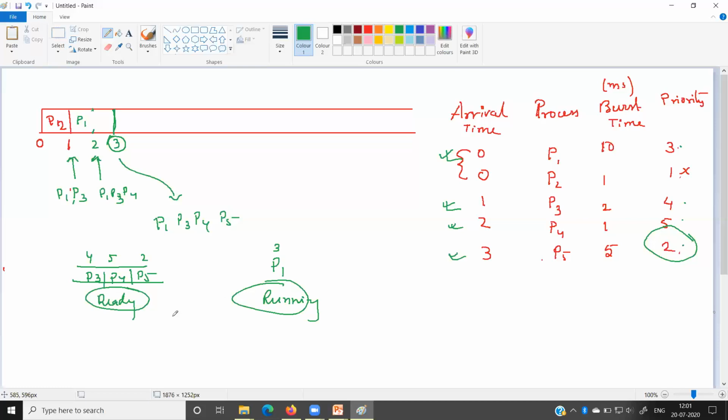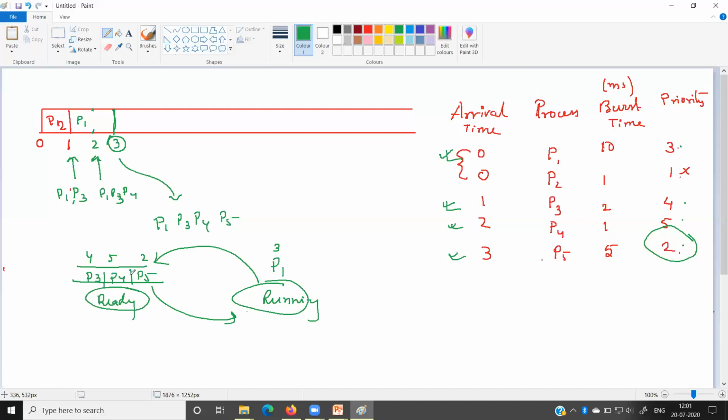At the time instant 3, you can observe that the priority of P5 is less than the priority of P1. So what happens? P1 will be sent back to the ready state, and P5 will be assigned to the running state.